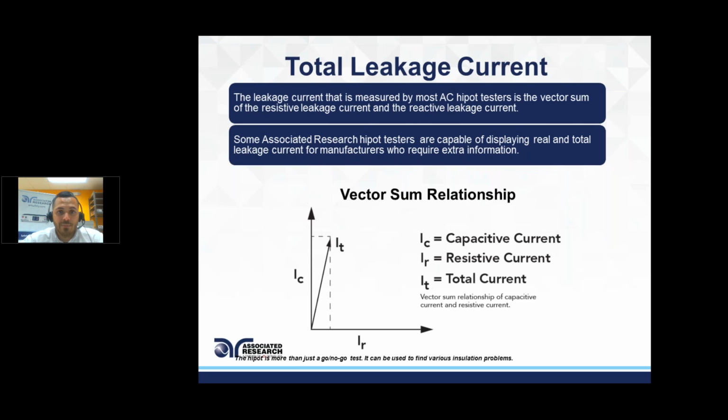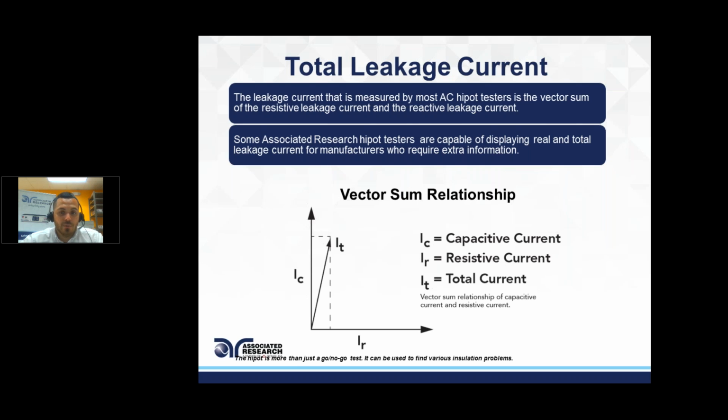Some associated research Hipot testers are capable of displaying real and total leakage currents for manufacturers who require this extra information. So here's our vector sum of how we tabulate that I total. You have your capacitive current, your resistive current, and we will show you your total number.